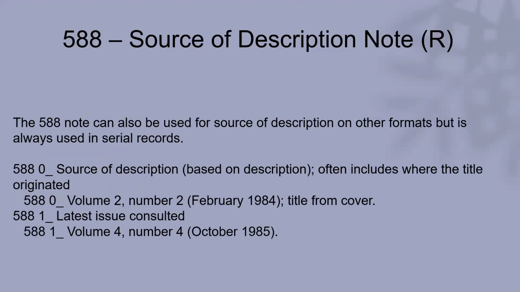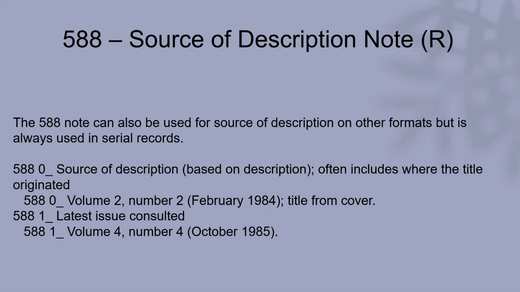Okay, now we'll get to the 588, source of description note. So the 588, although no longer unique to serials, is used to convey the source of description and the latest issue consulted. MARC tag 588, first indicator 0, produces the description, source of description, and MARC tag 588, first indicator 1, produces the description, latest issue consulted.